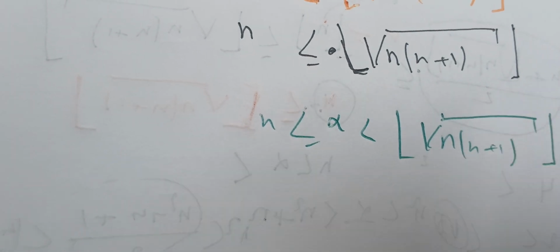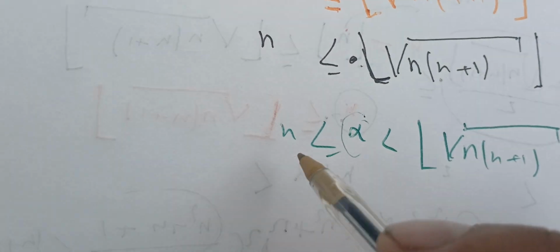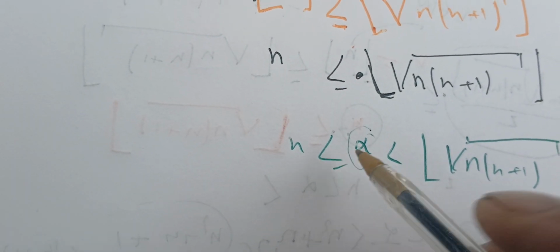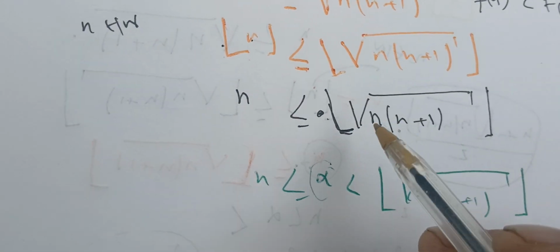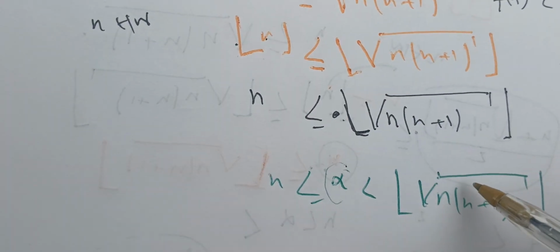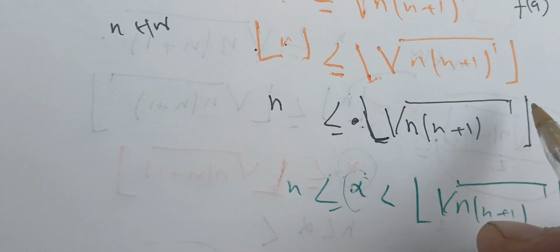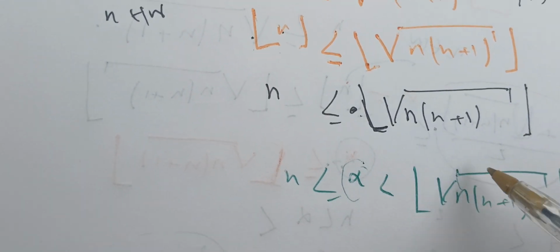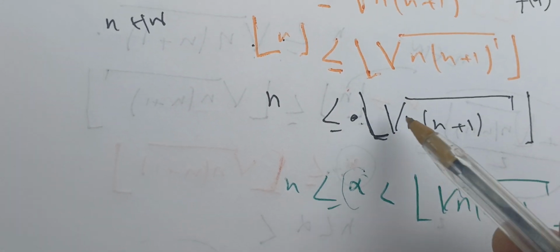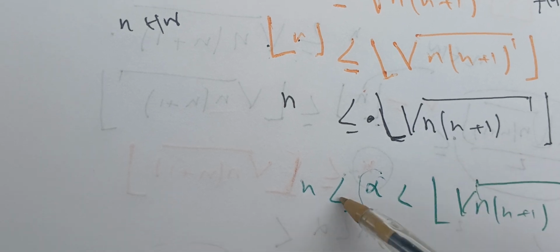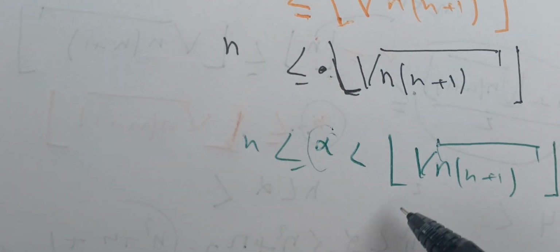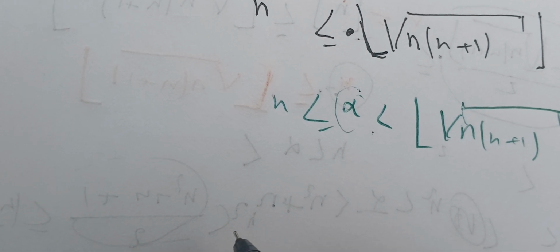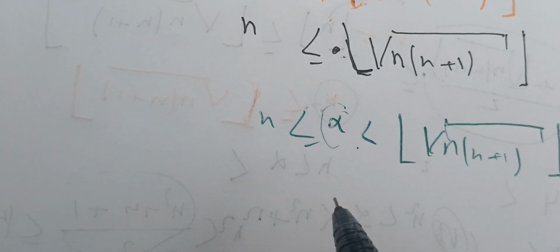This alpha must be an integer. If we can't find one, that means n is the smallest integer that's less than or equal to this, which is the floor of it. In that case we can conclude that the floor of the square root of n times (n plus 1) is n. But can we find such an alpha? Yes or no?